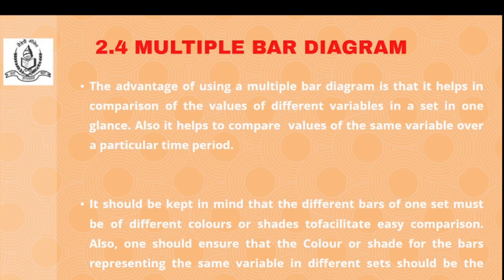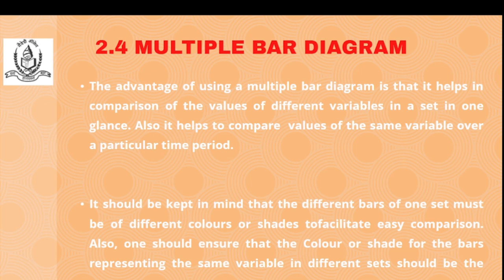Now, multiple bar diagrams have several advantages. One of the first advantages is that it helps in easy comparison of the values of different variables, both within the variable and between the variables. Both comparisons can be done simultaneously here.